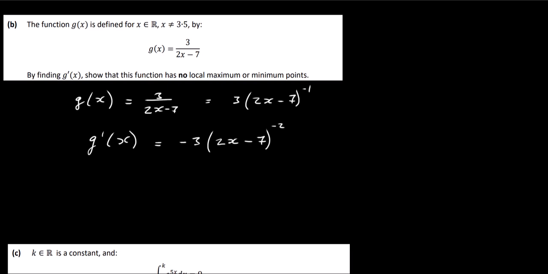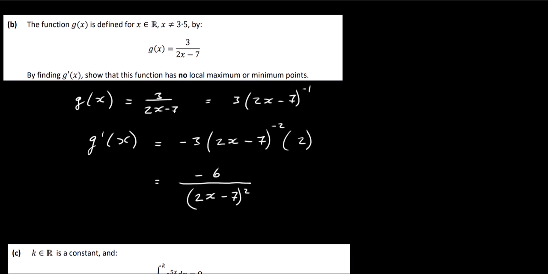And then differentiate what's inside the bracket: differentiate 2x, you get 2. Differentiate the minus 7, you get 0. So to rewrite that, you've got 2 times minus 3, which is minus 6 on the top. And then the (2x - 7) to the power of minus 2 just becomes (2x - 7) squared.